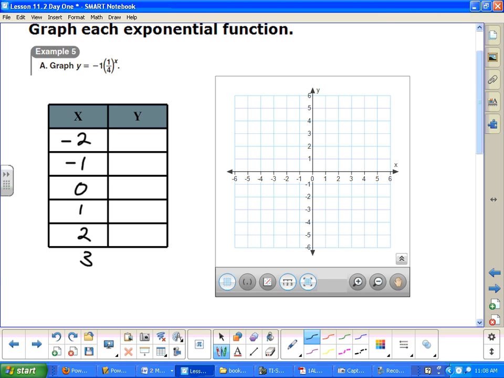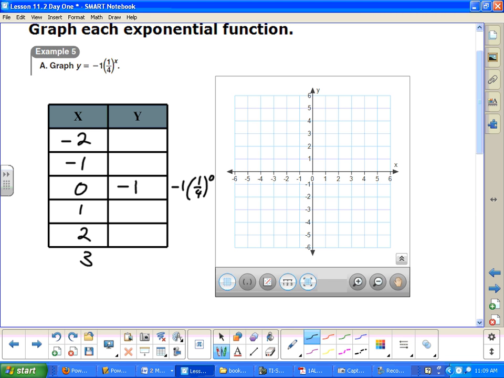Okay, so we're starting here again. Negative 1 times 1/4 to the power of 0. What's that equal to? Okay, 1/4 to the power of 0 is 1. So negative 1 times 1 is negative 1. And then each time I'm just going to multiply by 1/4.